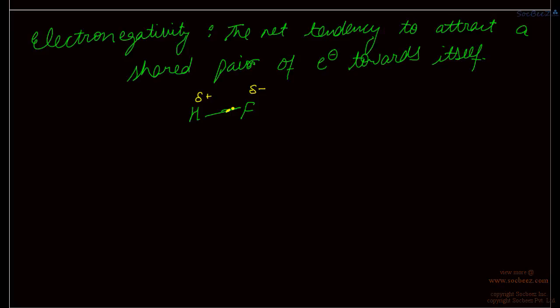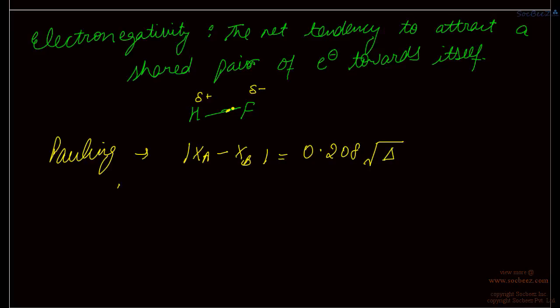Pauling pointed out that for any pair of atoms AB, the electronegativity difference is equal to 0.208 under root of delta, where delta equals EAB minus half of (EAA plus EBB), where EAB, EAA and EBB are the experimentally determined bond energies of AB, A2 and B2 respectively.